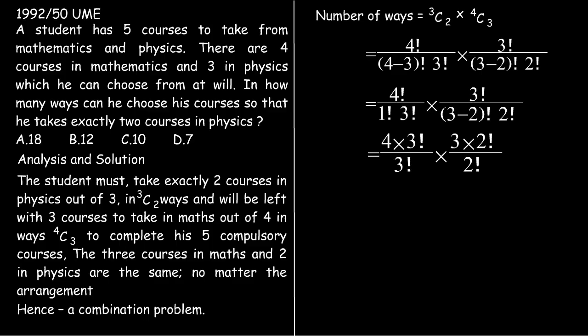Our factorials in the numerator and denominator will cancel out. We'll be left with 4 times 3, which is equal to 12 ways.